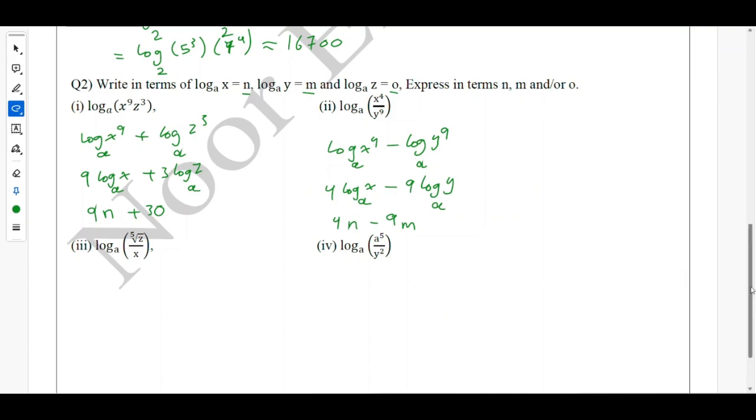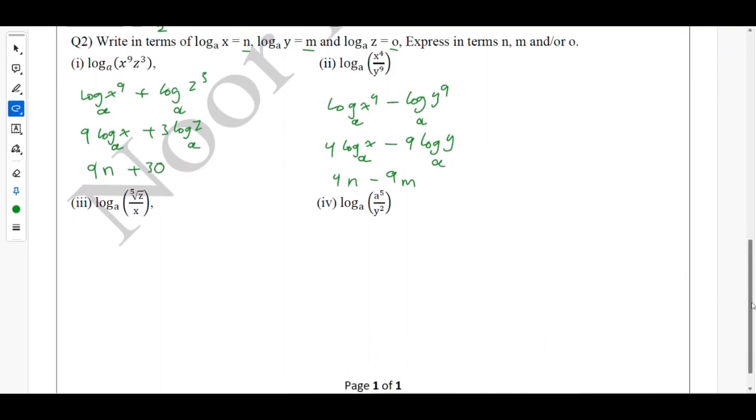Third one, log the fifth root of z to the base a minus log x to the base a. The fifth root gives me a power 1 over 5. Log z to the power 1 over 5 to the base a minus log x to the base a.